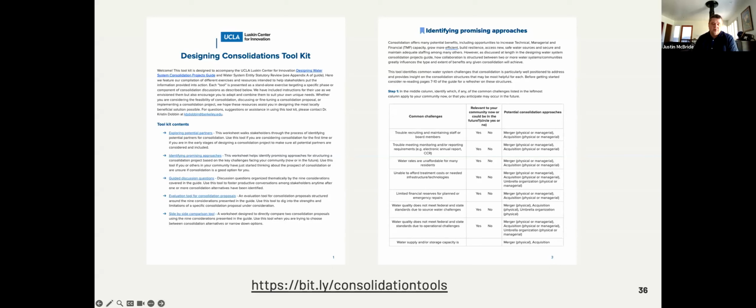One is a worksheet to evaluate if consolidation would help problems, so it's more problem-oriented than solution-oriented. And then the last one is a side-by-side worksheet that you can use to compare 2 potential partners in a consolidation project. And so the idea is that these are fairly simple to use, each one's only a few pages, and hopefully they help structure your thinking about potential consolidation projects. Next slide.